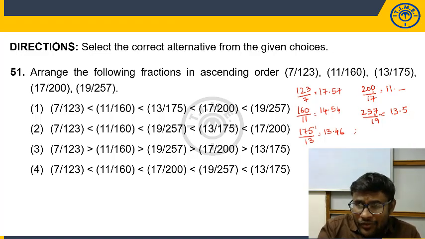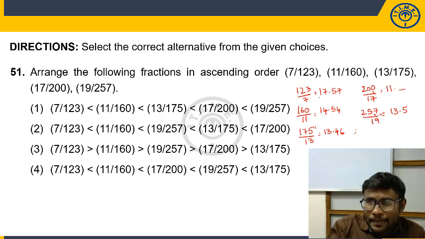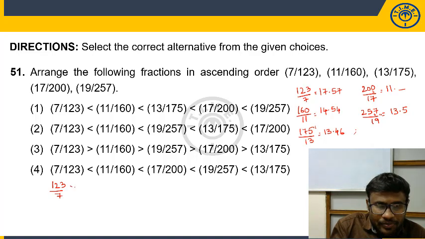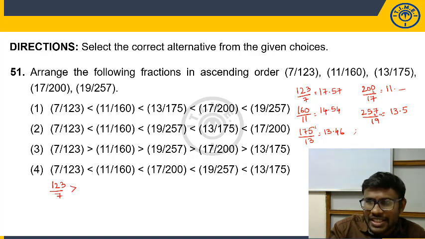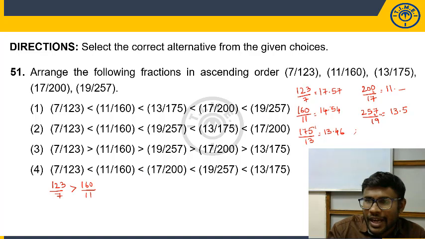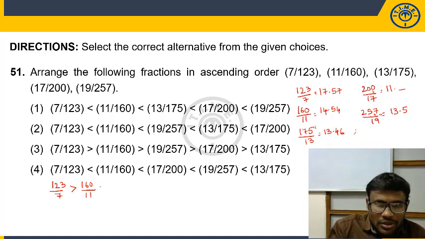Now we will write these numbers in order. The biggest is 17.57, so 123 by 7 is the biggest fraction. The next greater is 14.54, that is 160 by 11, and after that 13.5, that is 257 by 19.